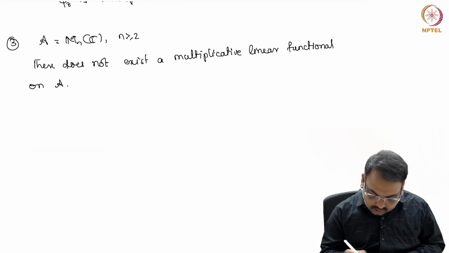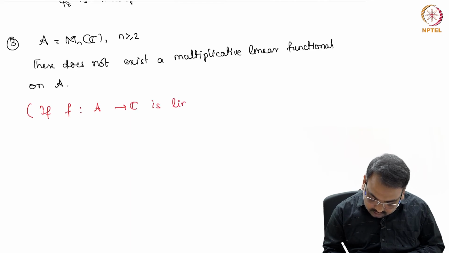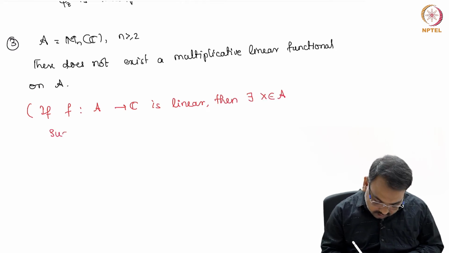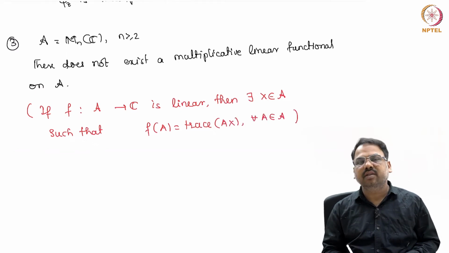So in other words, if f from A to C is linear, then there exists a matrix X in A such that f(A) is given by trace of AX for every A in A. So these are the only linear functionals, and we can easily show that this is not multiplicative.